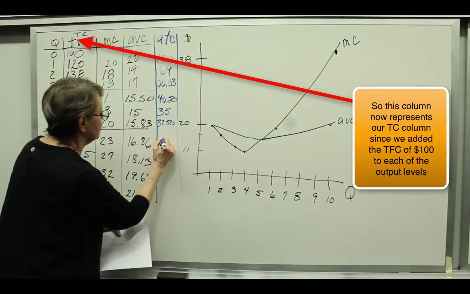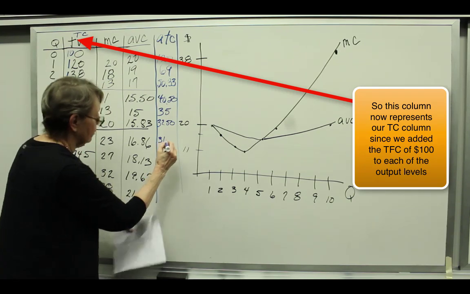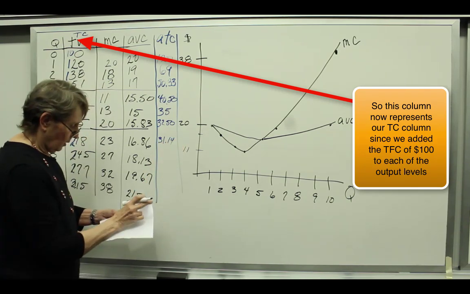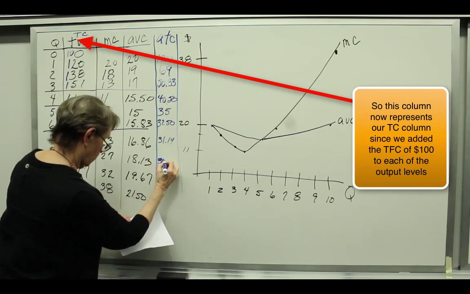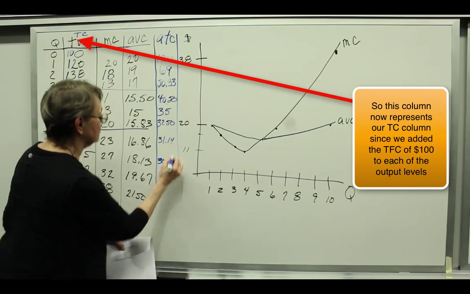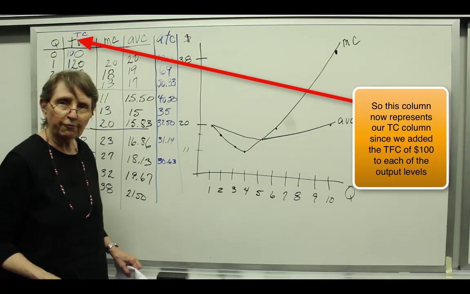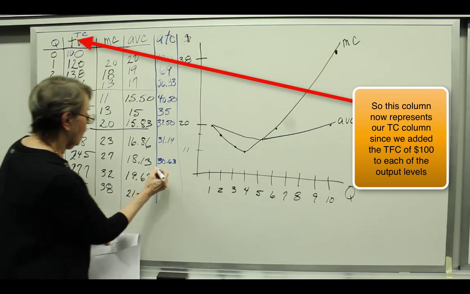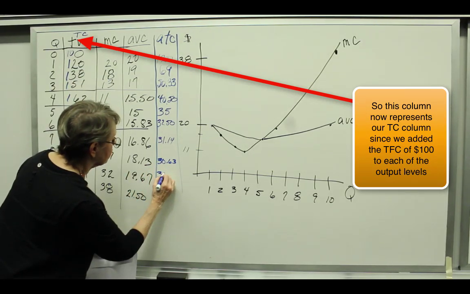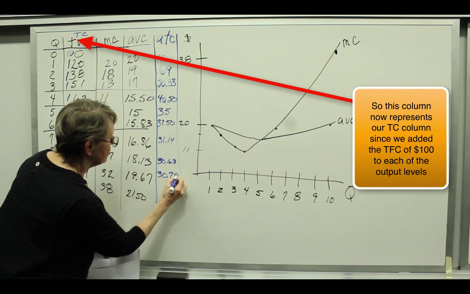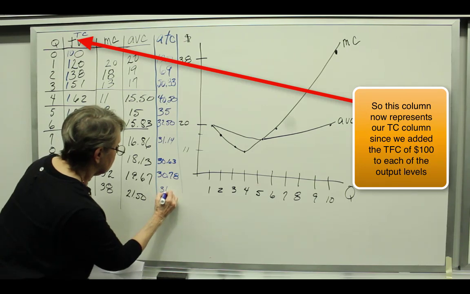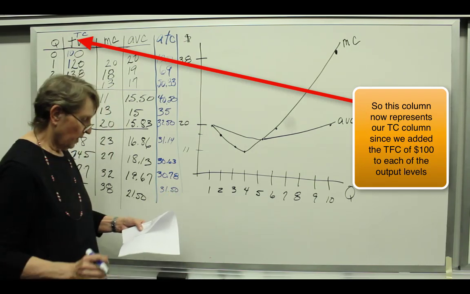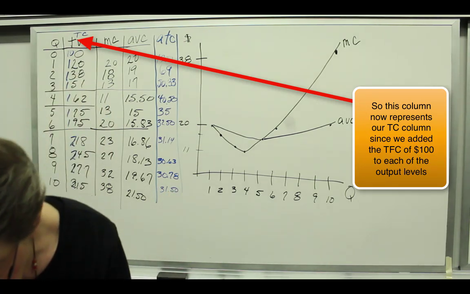Then it's $31.14. $30.63. My average total costs are still falling. Here we go. $30.78. Now they're starting to go back up. $31.50.